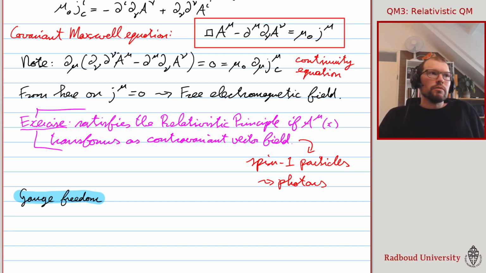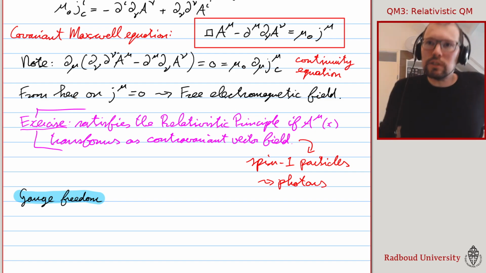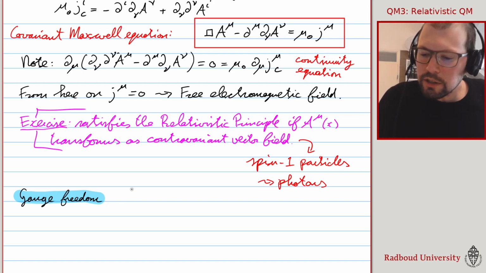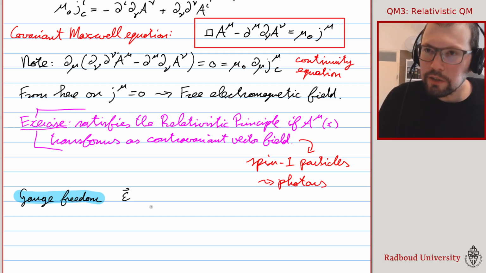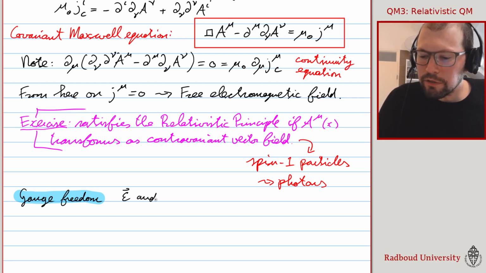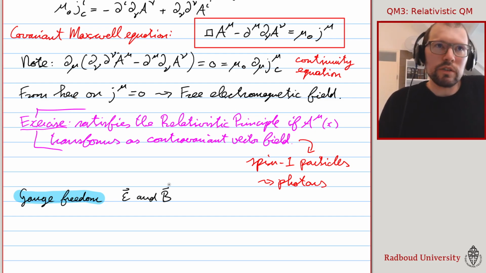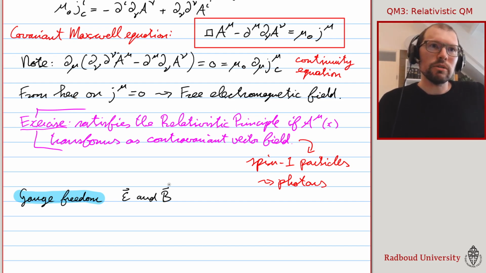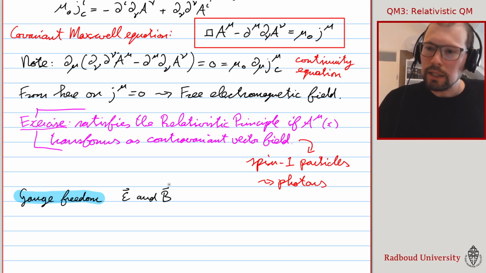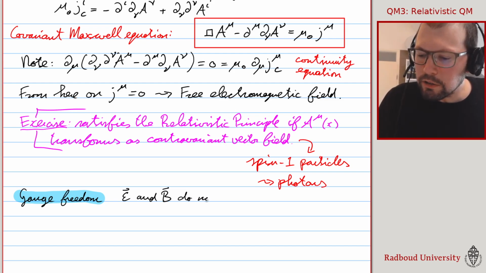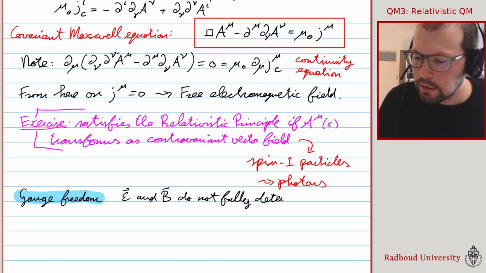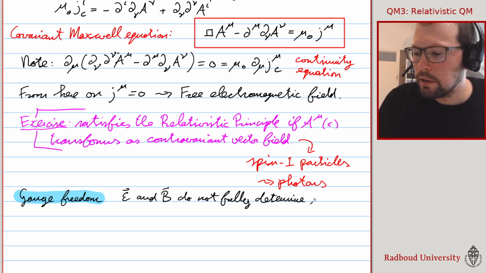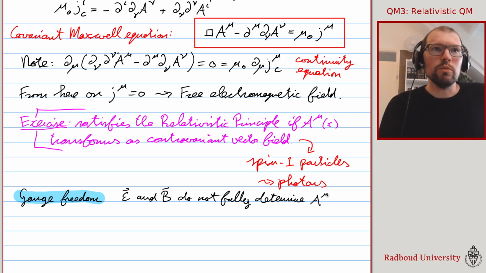So there is redundant information in these quantities. Or another way to phrase this is that the electric field and the magnetic field, which are directly measurable, you can just go out there and measure these fields, they do not fully determine this four potential A mu.